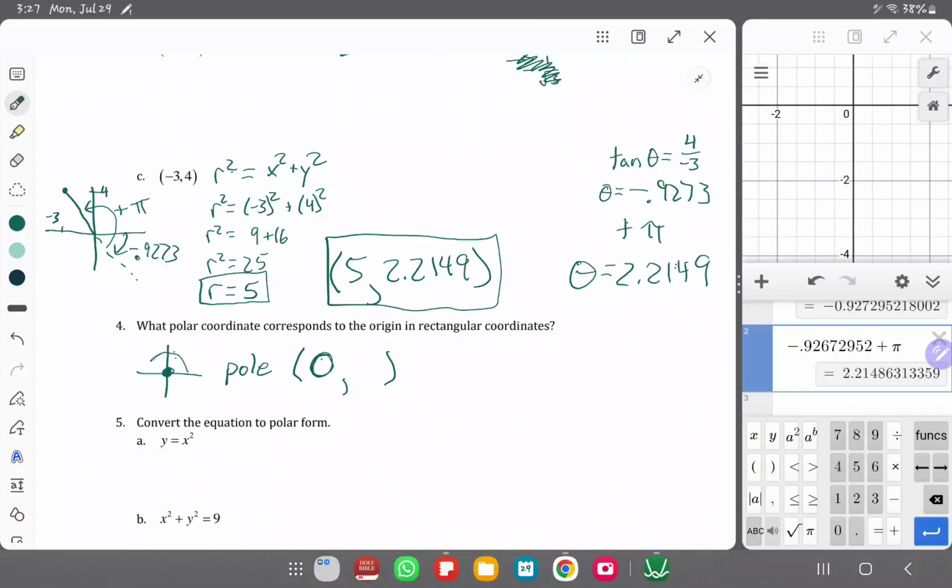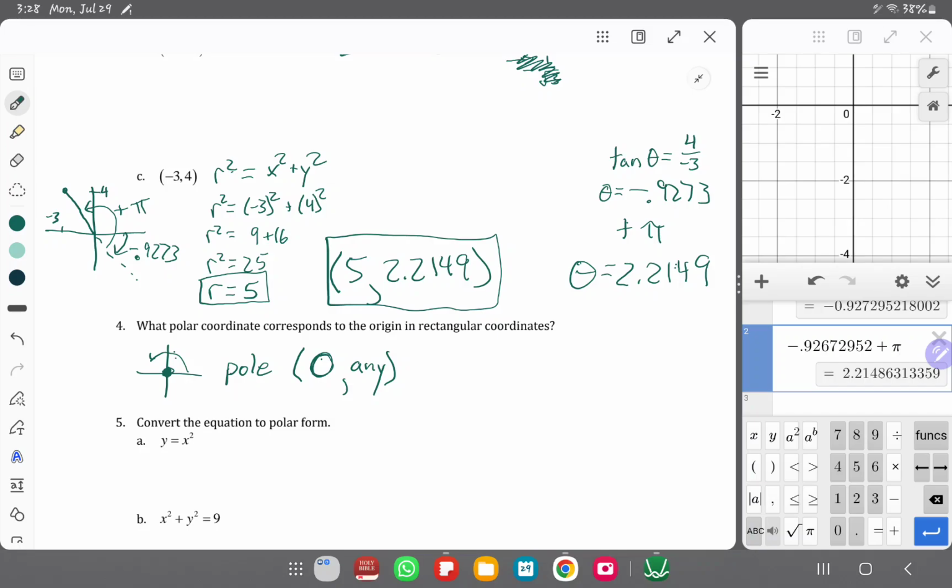So I could go somewhere over here in quadrant 2, but not move anywhere. If I'm not moving anywhere, I'm in the same place. I can turn my body to face whichever direction, but if I don't move, I'm just going to stay put. So this can be any angle. It doesn't have to be 0, 0. It can be 0, comma, any angle that you want. That's always going to be that central point we call the pole.